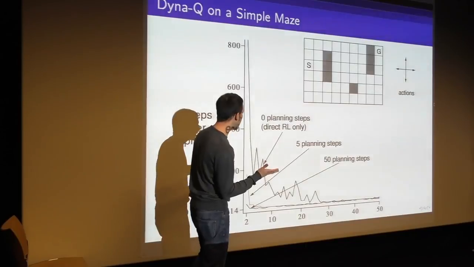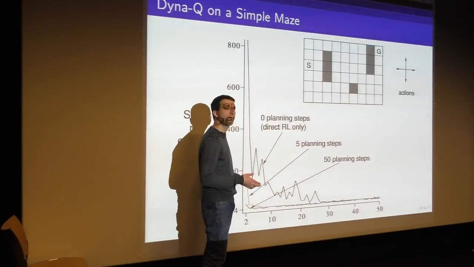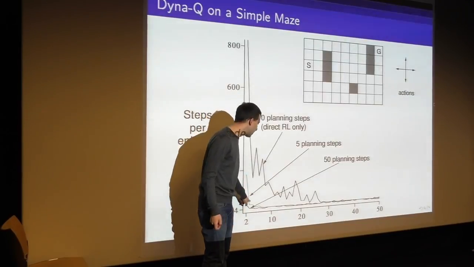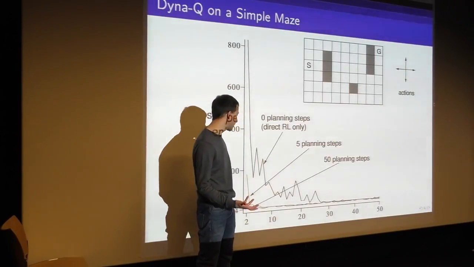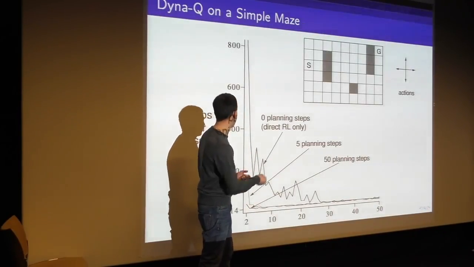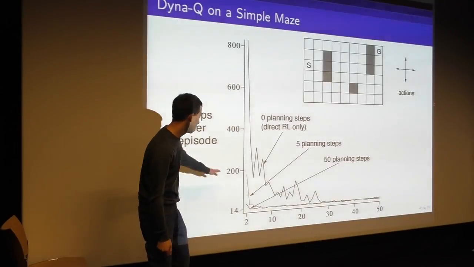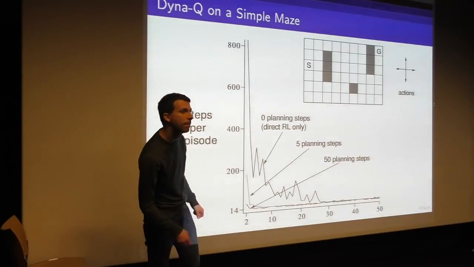But if we start to plan, if we start to do just say like 5 imagined steps for every real step we take, we see that we're much more efficient. We're much more data efficient. After just a couple of episodes, we've already figured out exactly how to get to the goal. We're almost at the optimal solution already, which is down around 14 here.